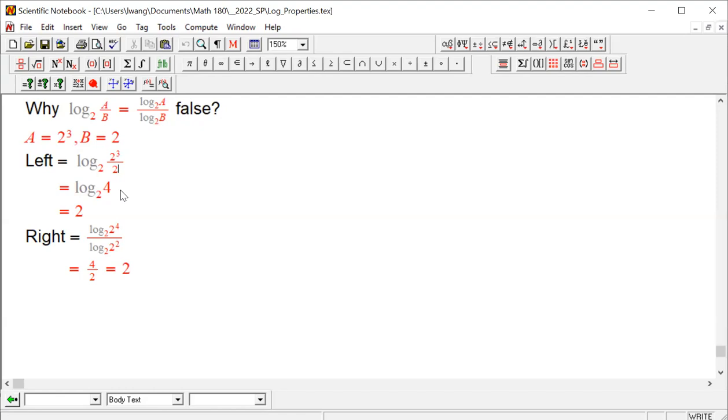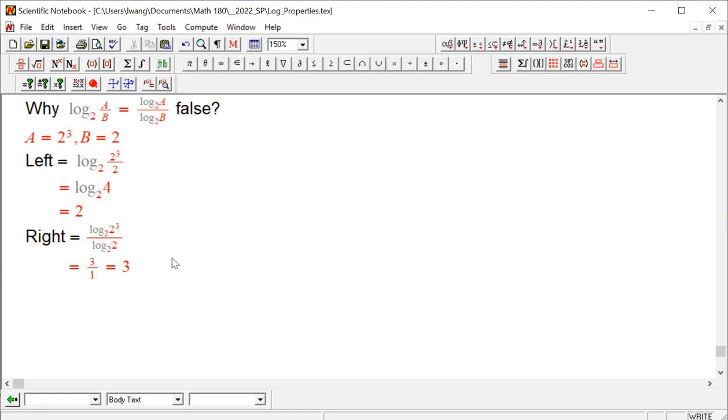So 8 divided by 2 is 4. So this is still equals to 2. And on this side, this is going to be 2 to the power 3. And this is going to be 2, right? So what do we have? We have 3 divided by 1. And this is 3.